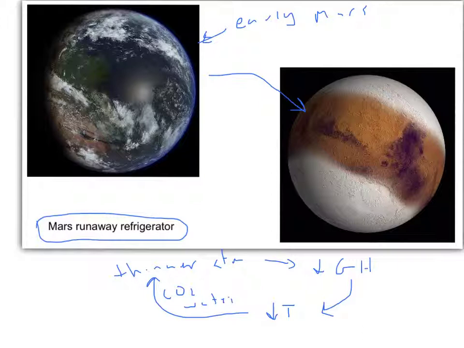And the more those materials froze out of the atmosphere and thinned it, the more that would lead to a further reduction in the greenhouse effect, leading to further decreases in temperature, leading to more freezing out of the atmosphere. So in this case, you've got a positive feedback mechanism, but it's not leading to increased temperatures, it's actually leading to decreased temperatures.